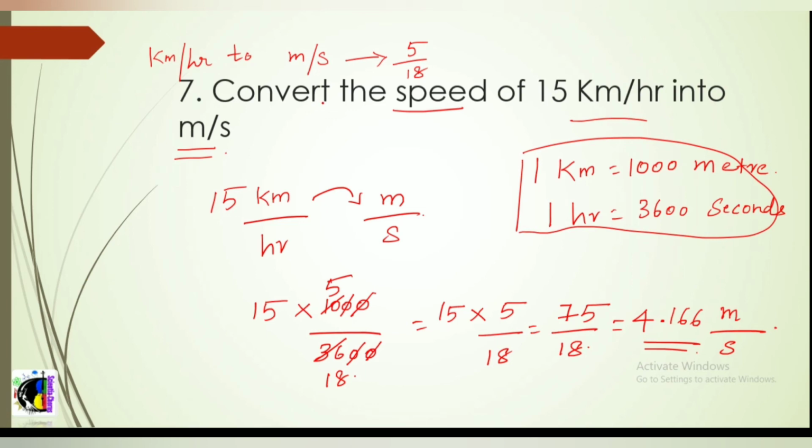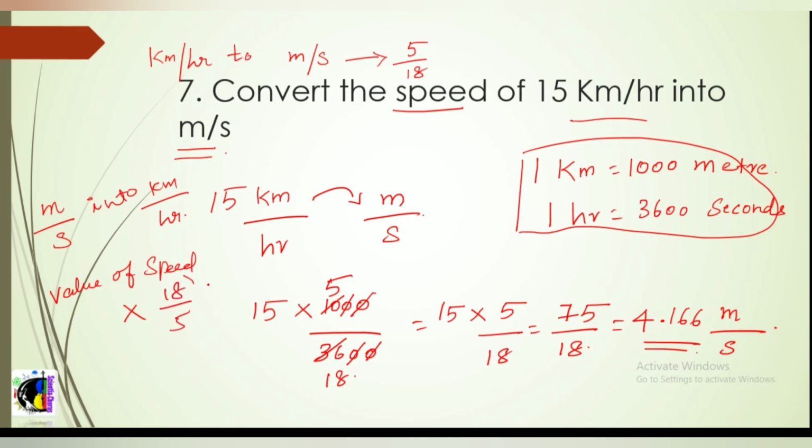And at the same time, if it is the reverse, if they are asking to convert meter per second into kilometer per hour, what you need to do is multiply the value of speed by 18 by 5.